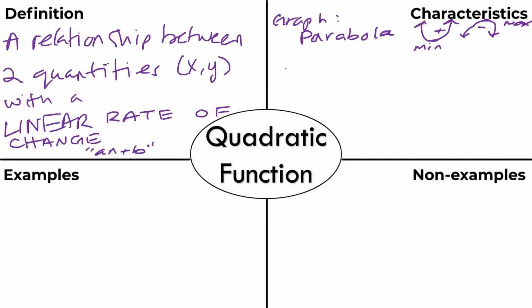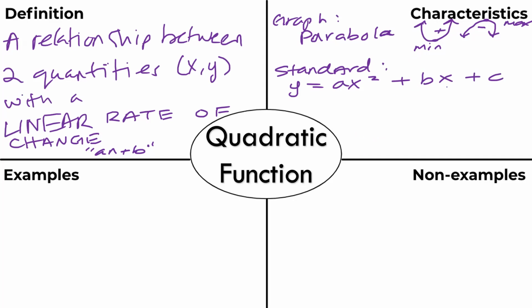Next, what does it look like in terms of an equation? So we have our standard form. Standard form is going to be y equals ax squared plus bx plus c. That's our standard form for a quadratic.